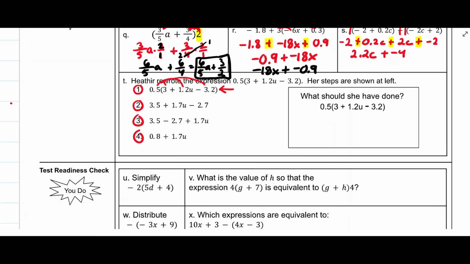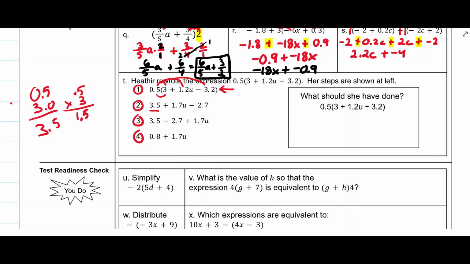But we can see that with a calculator, 5 tenths times 3 is 1 and 5 tenths, not 3 and 5 tenths. So what did she do? It looks like on the first one right here, she added these together instead of multiply them. So that's going to be 3 and 5 tenths.